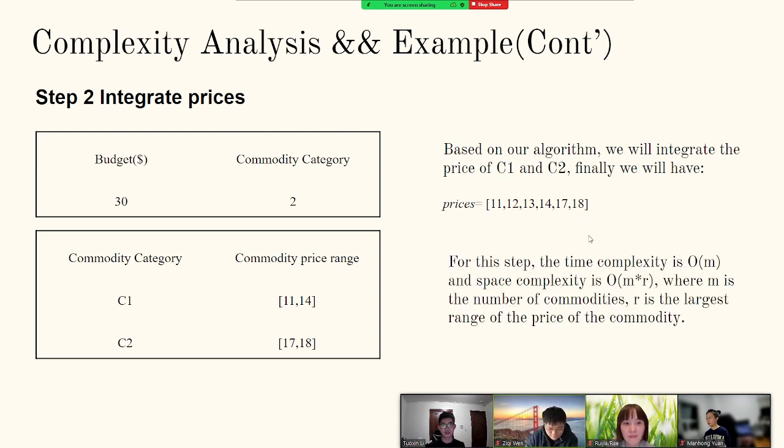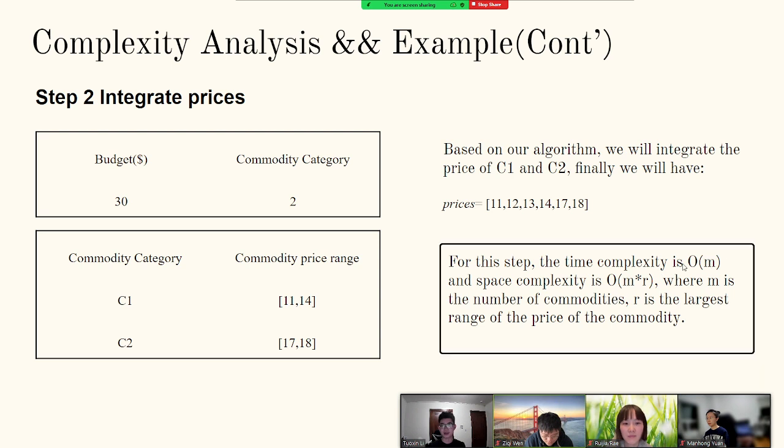For this step, the time complexity is O(M) and the space complexity is O(M times R), where M is the number of commodities and R is the largest price range of a commodity. There is a space cost because we create this price array, and because we need to iterate through all the commodities, we get a time complexity of O(M).